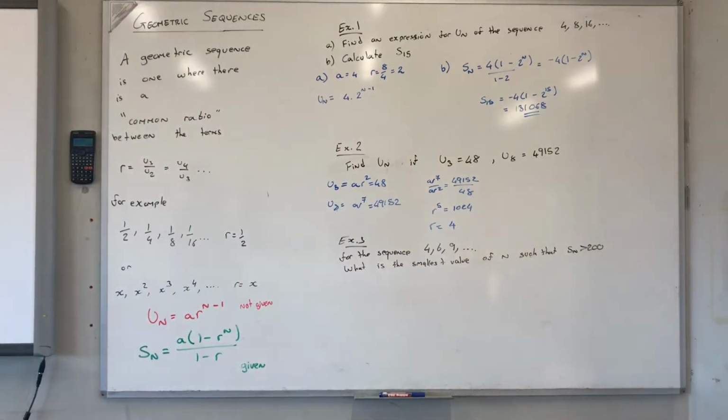The a's cancel out, the r to the power 7 over r squared becomes r to the power 5. 49,152 divided by 48 is 1,024, and then r equals 4.